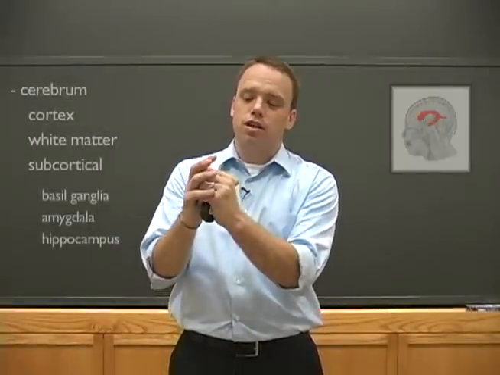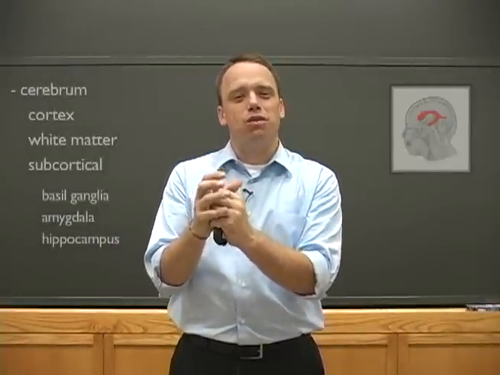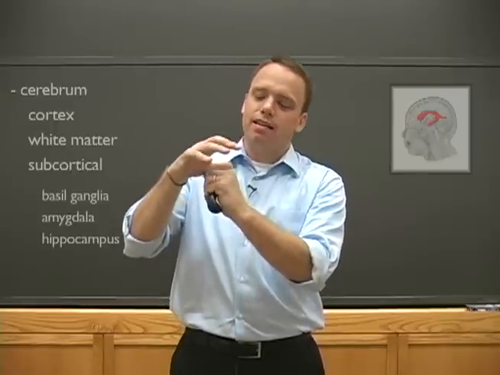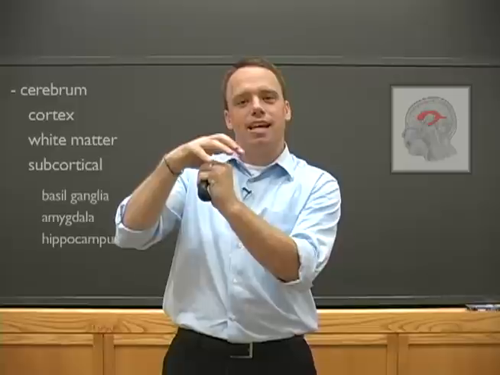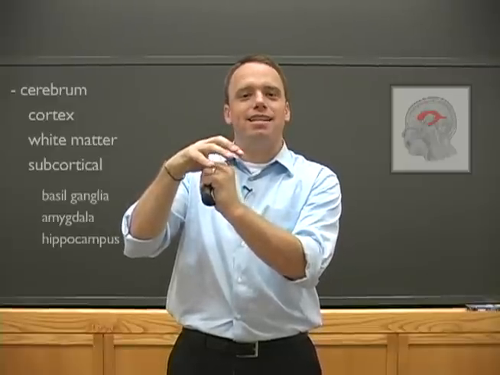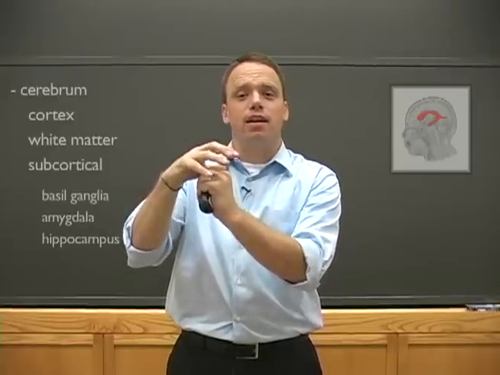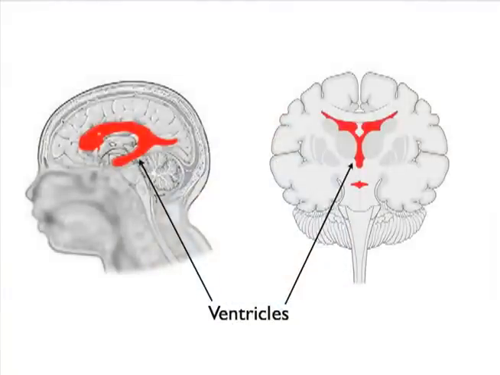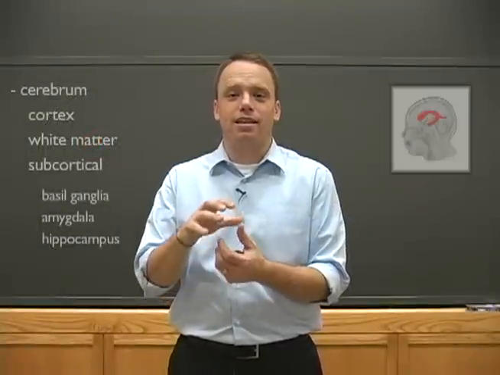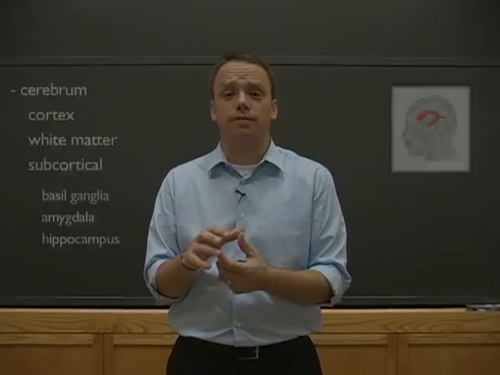So the ventricles, you can think of them almost like balloons filled with fluid. They allow the cerebrum, for example, to sit and float, and it takes pressure off the rest of the brain. In fact, because of this lack of internal structure, without those ventricles, the brain would literally collapse under its own weight. So the ventricles play an important role both in prevention of trauma from outside and providing some measure of internal structure.